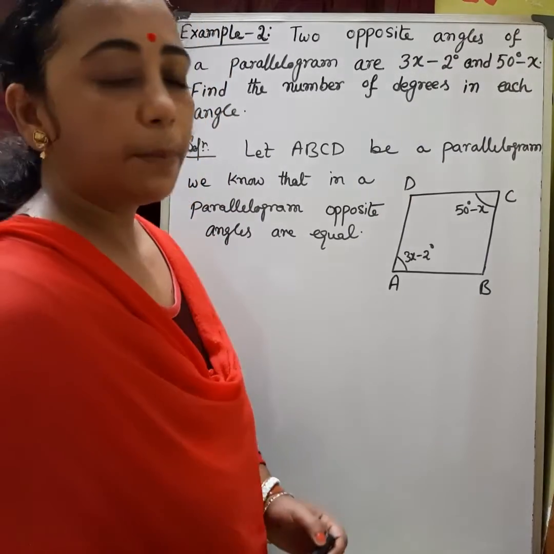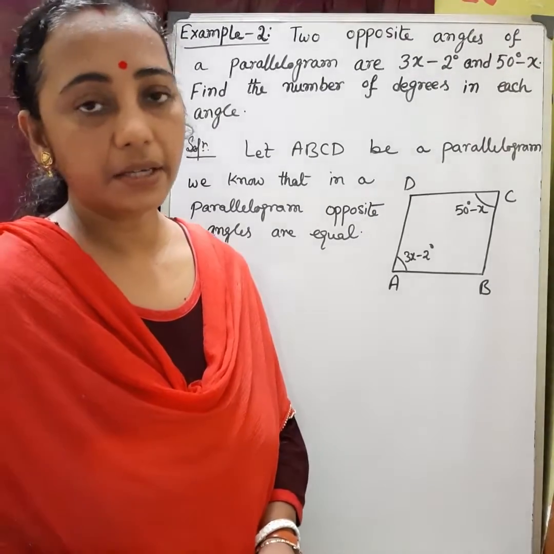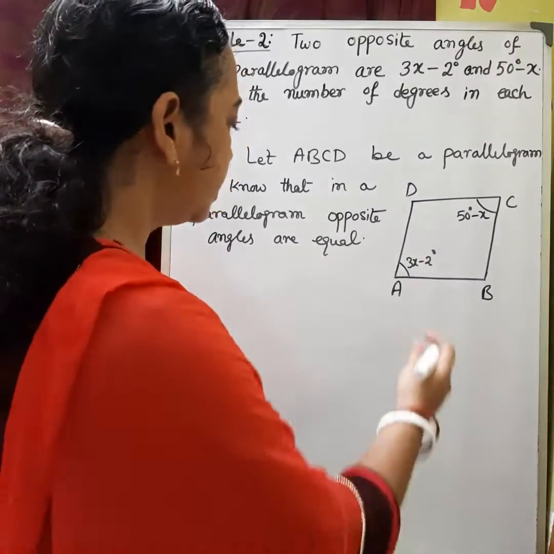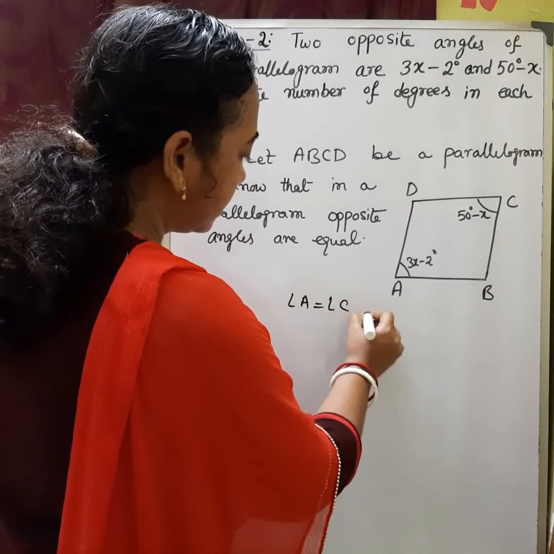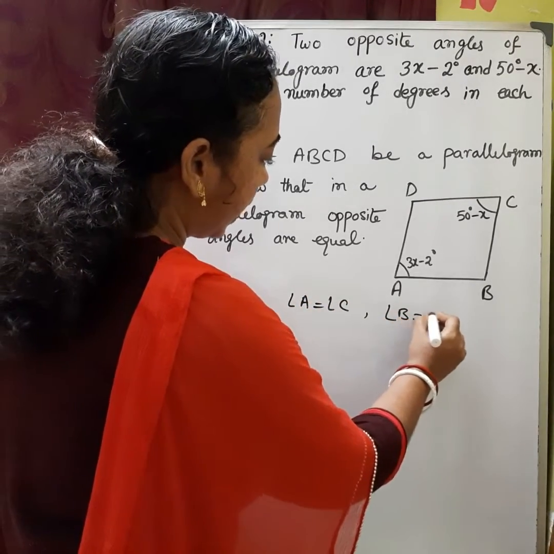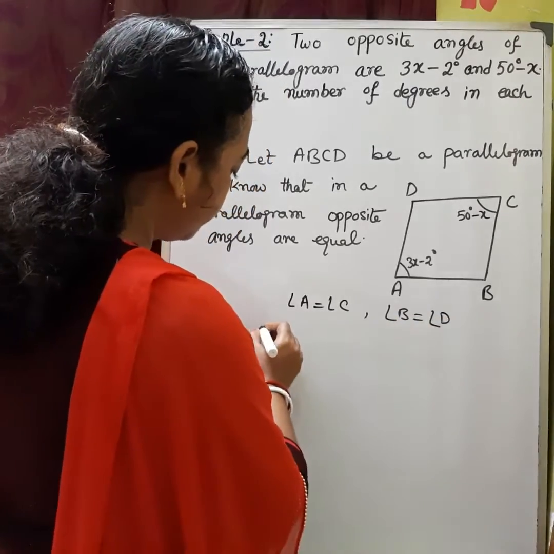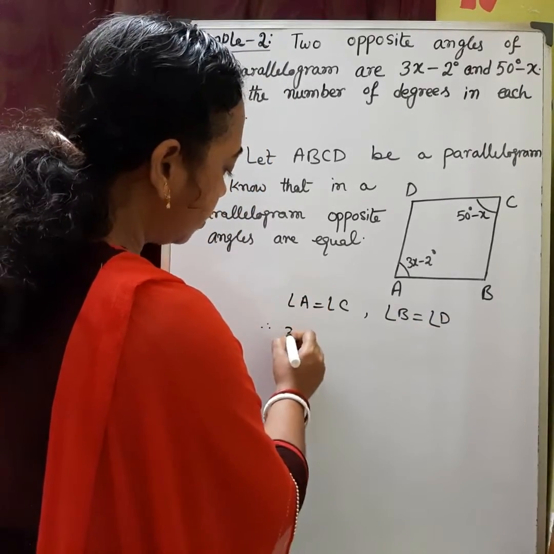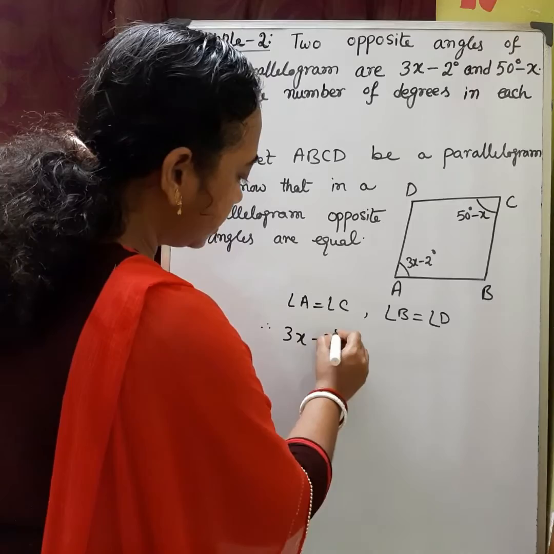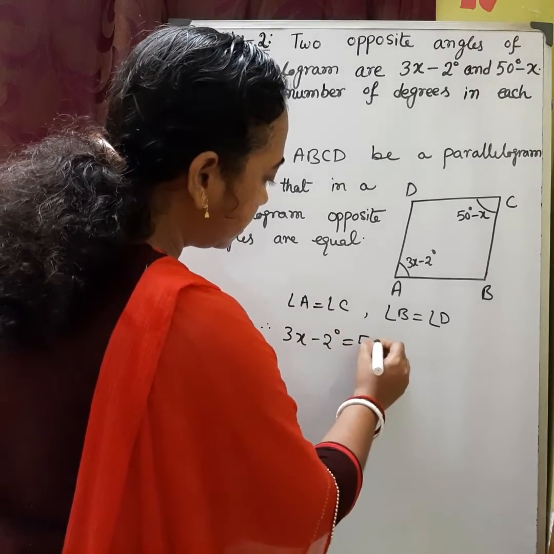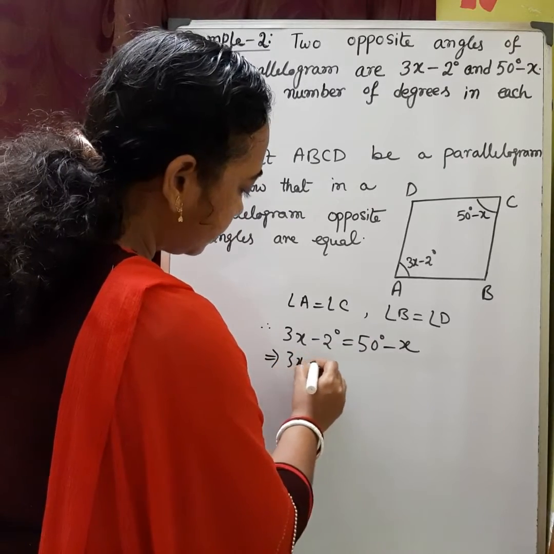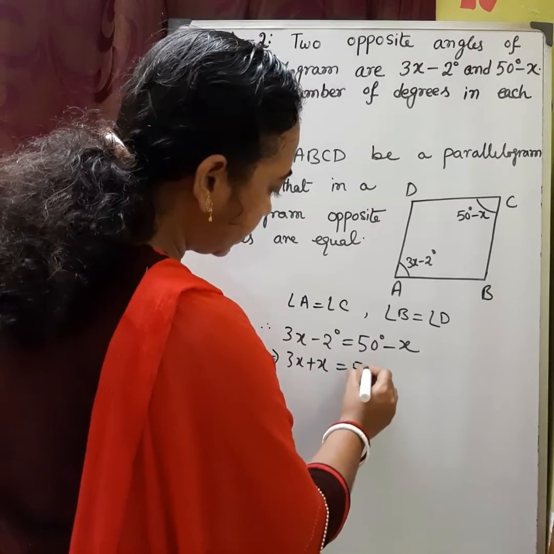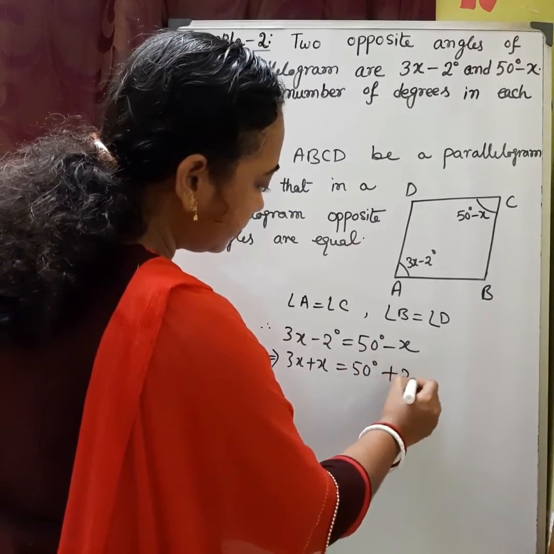Now we know that in a parallelogram opposite angles are equal. So from the figure we can write angle A is equal to angle C and angle B is equal to angle D. So therefore angle A equal to angle C means we can write 3x minus 2 degrees is equal to 50 degrees minus x. So this implies 3x plus x is equal to 50 degrees plus 2 degrees.